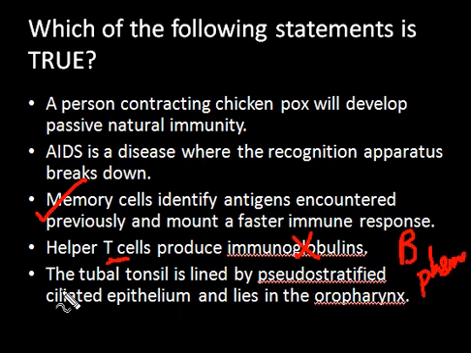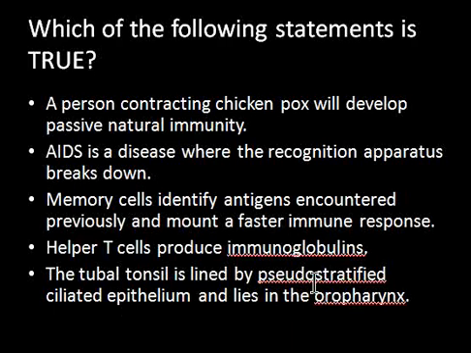The first part of the statement is correct, but the tubal tonsil does not lie in the oropharynx, it lies in the nasopharynx. So hence the importance of reading all the statements very, very carefully. And you must be able to identify where structures are lying. So you can see only the first part is correct, but the second part is wrong. So most students make a mistake when they don't read the sentence carefully. So this finishes this critical thinking video.